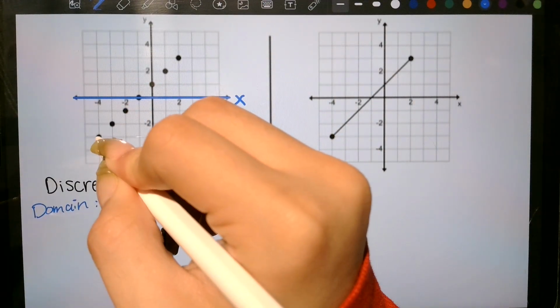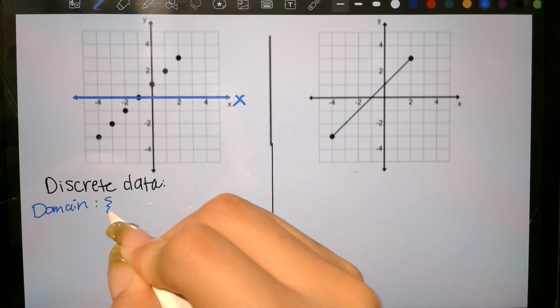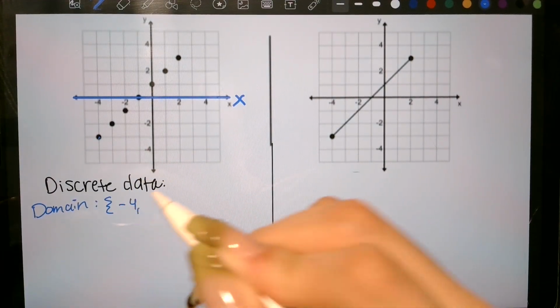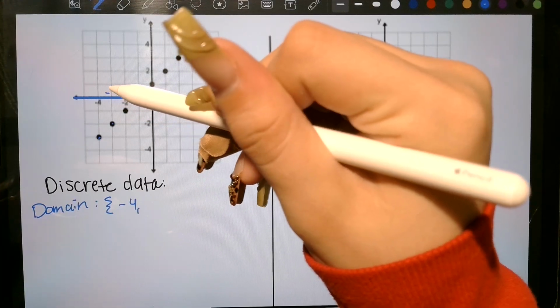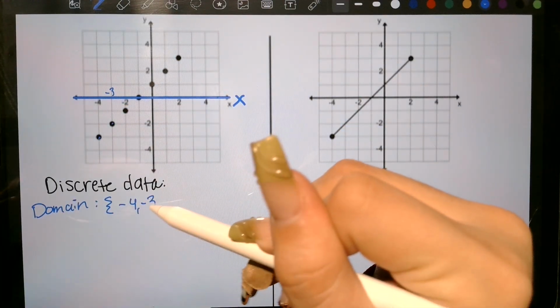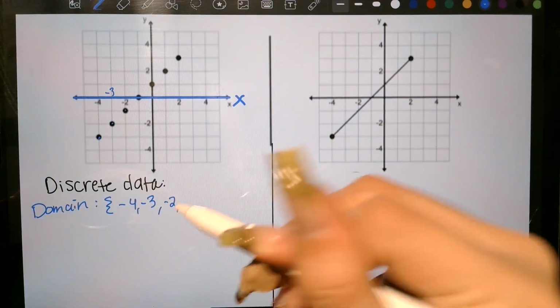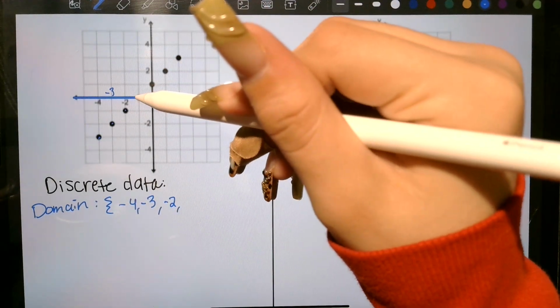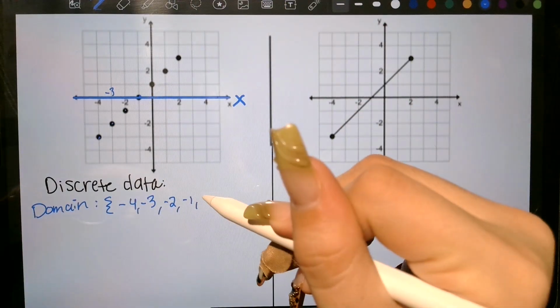So here's our first point on the x-axis, that is -4. Our next point right here on the x-axis, this would be -3. This point right here is -2. This one's at -1. This one would be at 0.